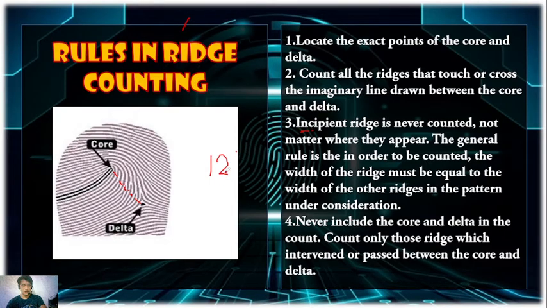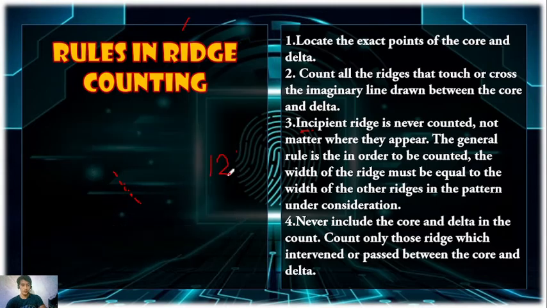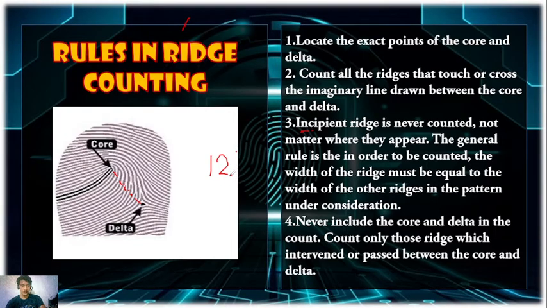Okay, and let's try to further familiarize the other rules. What are the other guidelines in ridge counting? To show again incipient ridge pala, sabihin natin meron tayong thicker, merong thick line na nabuo, thinner line, or thinner ridge.